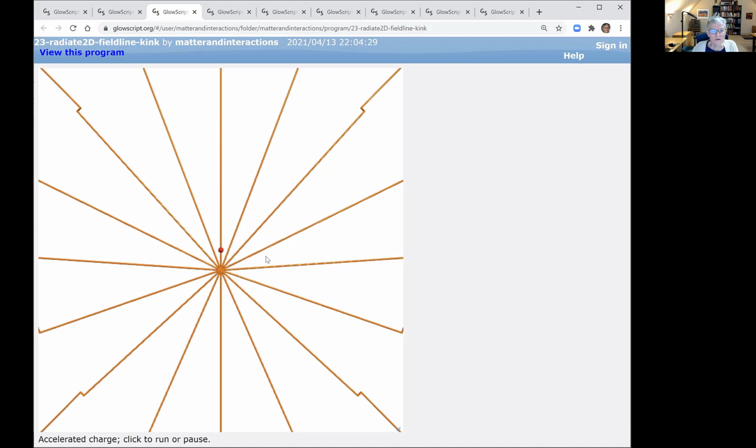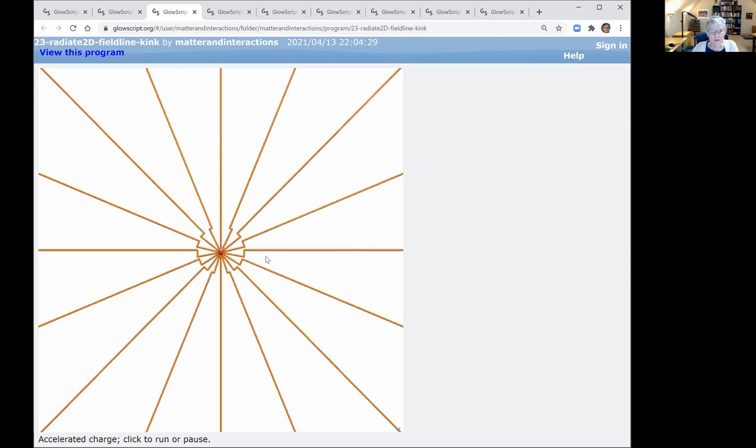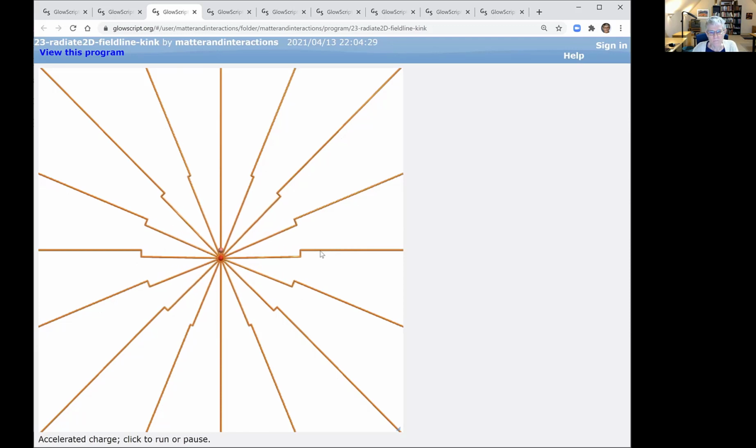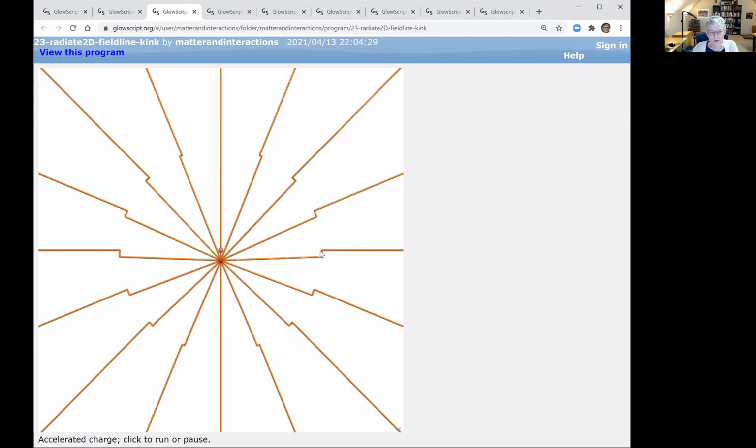Well, what do you detect at that instant in between seeing the electric field just pointing away from the original location of the charge and pointing toward the current location of the charge? What you see here, so I stopped it right here.